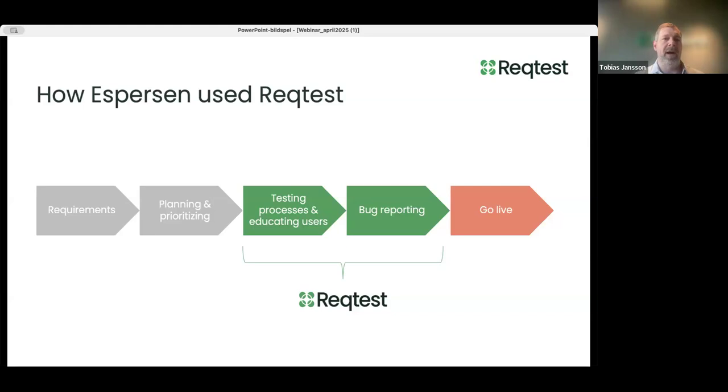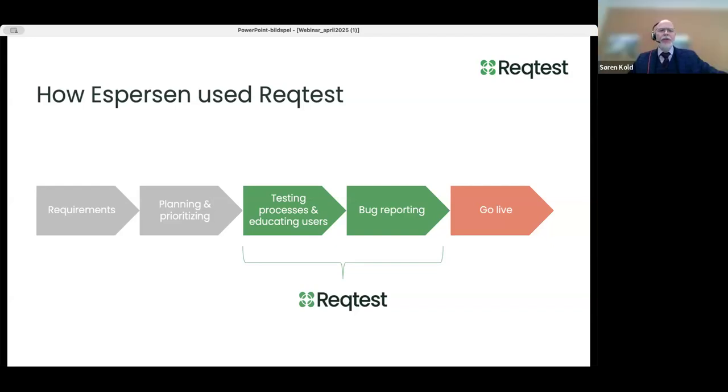I just want to highlight that there's also the ability to work with the requirements in Rectest, where you plan and prioritize when these processes should be worked on, what those requirements are, and tie them to the testing. So you could do it both with Rectest and Visio, and I think it's a good combination of using both when it comes to this type of project.